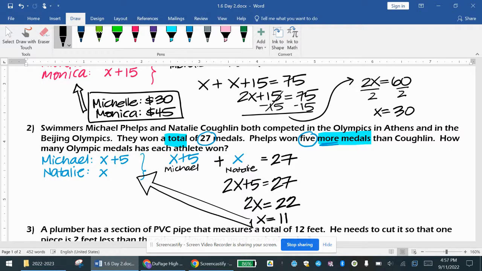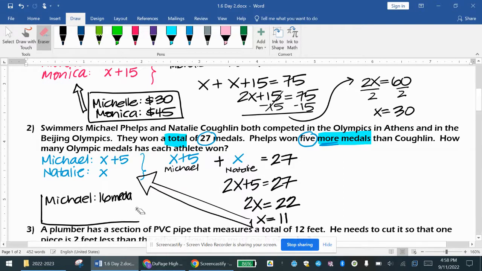So if x represents 11, then that means that Michael had x plus 5, so 11 plus 5 medals, so 16 medals.